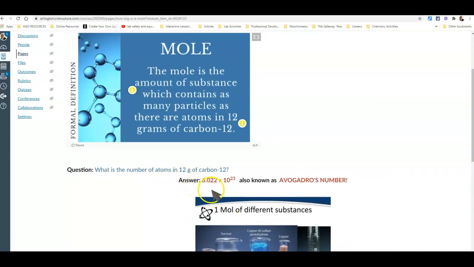The takeaway here is mainly that 1 mole is equal to that, and also the fact that a mole is simply a unit of measurement. Just like you have grams, kilograms, liters, you have the mole. Scientists use the mole to measure the quantity or amount of a substance that is taking part in a chemical reaction.